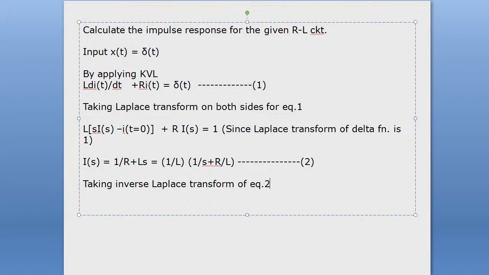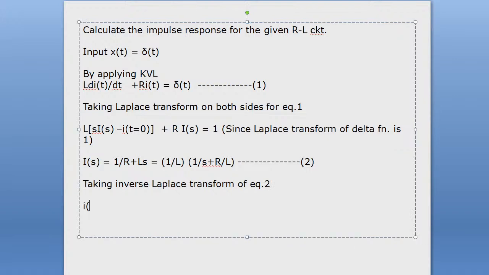Taking the inverse Laplace transform of equation 2, we can write i(t) equal to 1 by capital L. You take this term within a bracket, otherwise it will create confusion. So you can write e to the power minus R by L t.